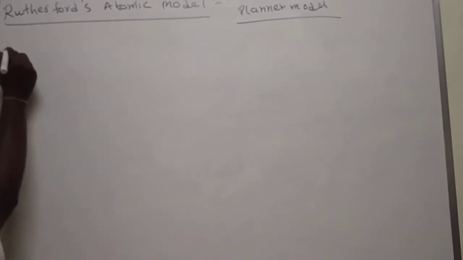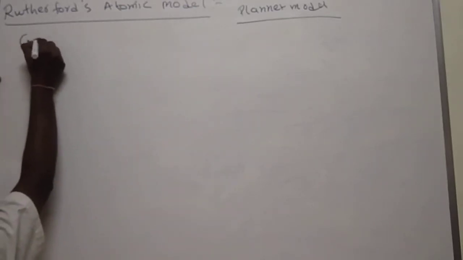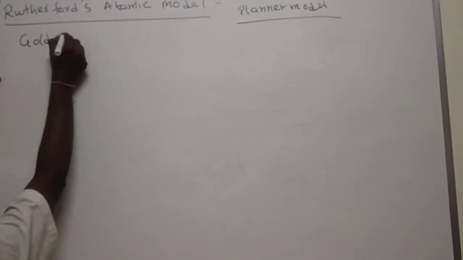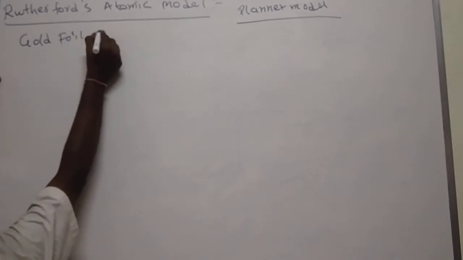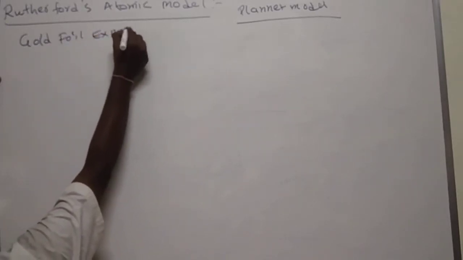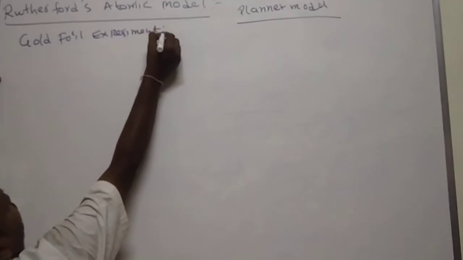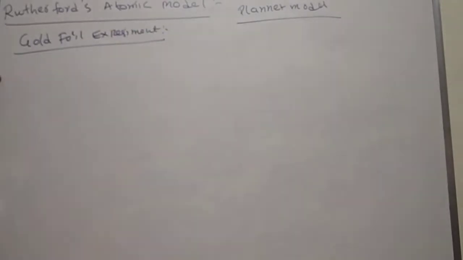Rutherford and his student Marsden explained, first, the gold foil experiment. Based on this gold foil experiment, Rutherford and Marsden made some observations.